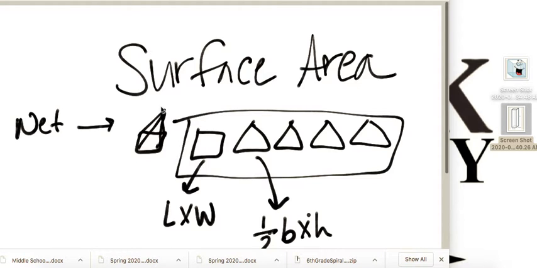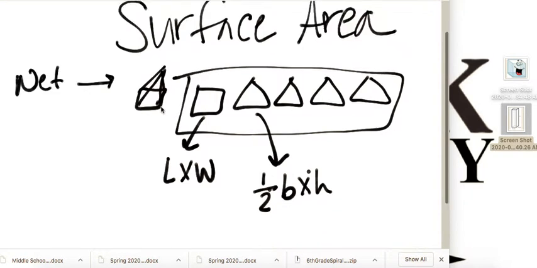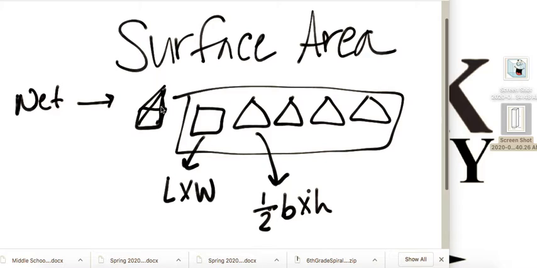Since you have 4 of them, once you get this answer, you can multiply that by 4. Then you would add up this one and the 4 of these all together, and that would be your surface area.